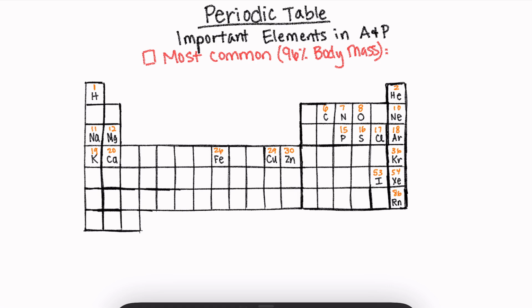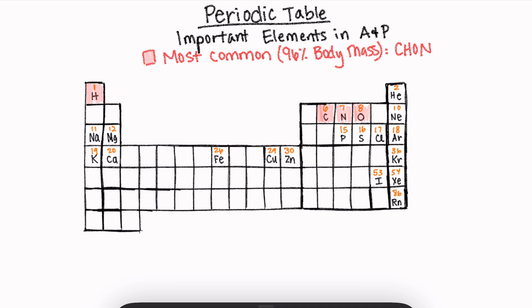And they are, maybe you've learned this before, like in a high school biology class: carbon, hydrogen, that's over here, number 1, oxygen, and nitrogen. So we can use the acronym CHON to remember these: carbon, hydrogen, oxygen, and nitrogen.